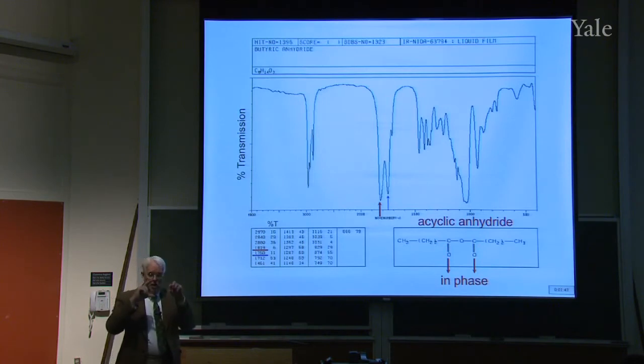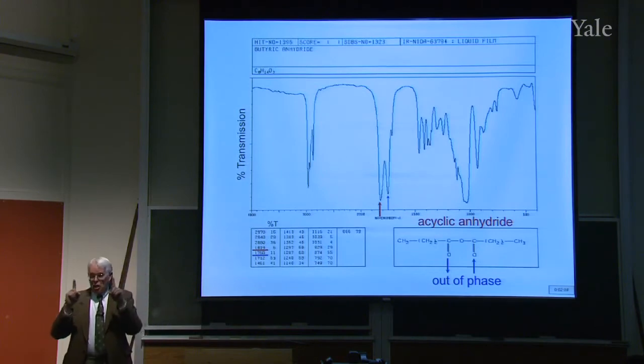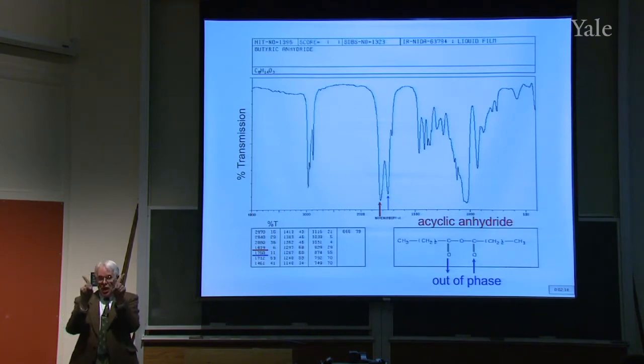It's better to have one stretch when the other shrinks in terms of energy. So this one is hard to do. That means it's at high frequency, but it's quite intense because they're both going the same direction. The other normal mode would have one going up while the other's going down. Now, if they were strictly parallel, there would be no net interaction of the light for that. But if they're twisted a little bit or splayed out a little bit, then there will be some interaction with light.